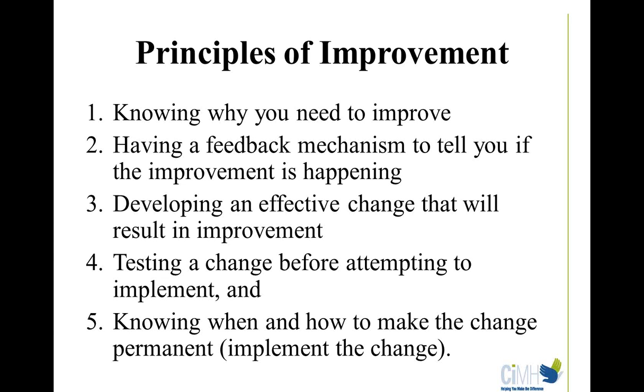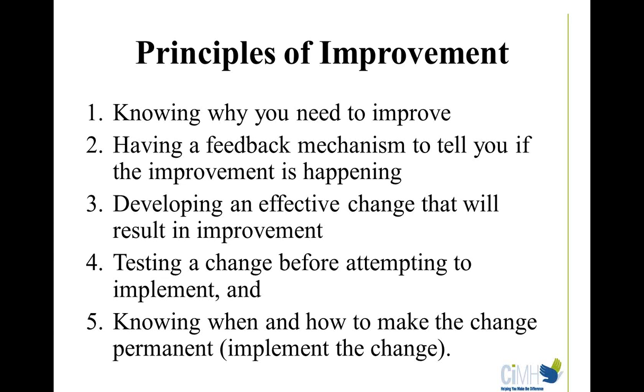The third principle is becoming very effective at making changes. We want to make sure that the way we carry out the installation or implementation of a change results in improvement. So it's not just enough to know that we should make a change, but we need to be effective at making that change in the appropriate environment.